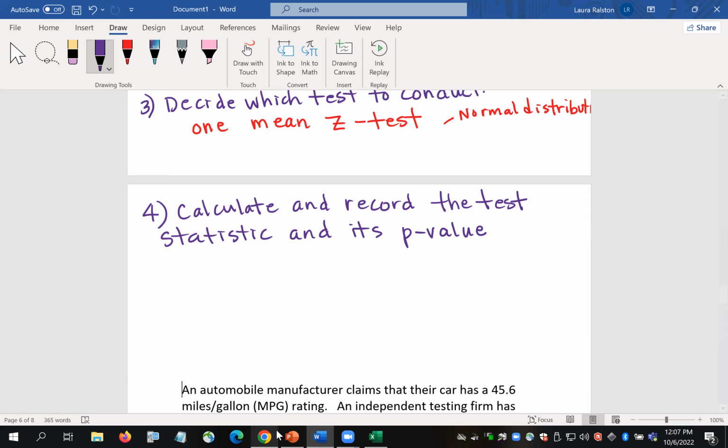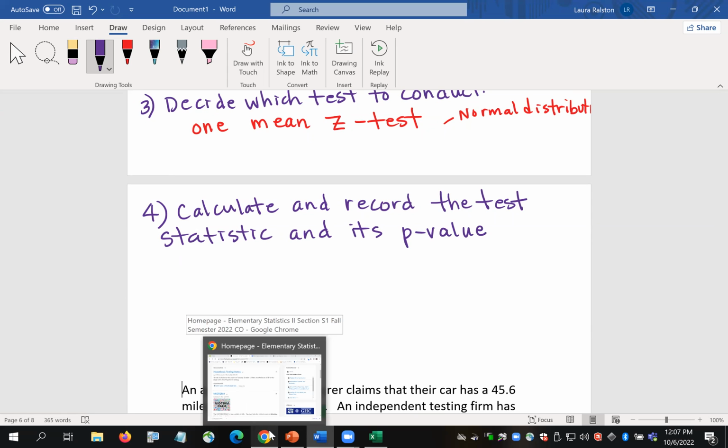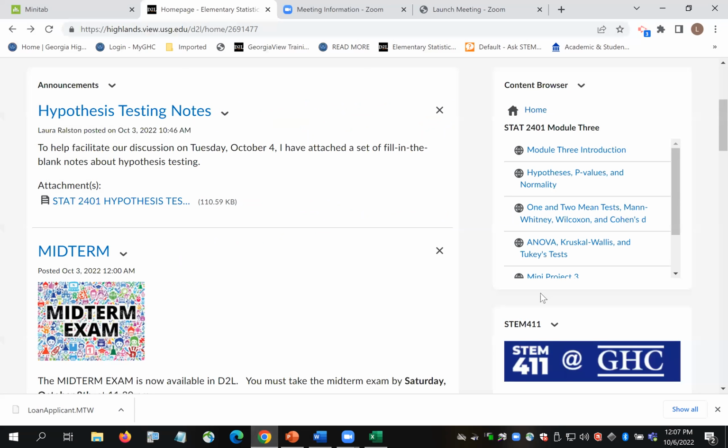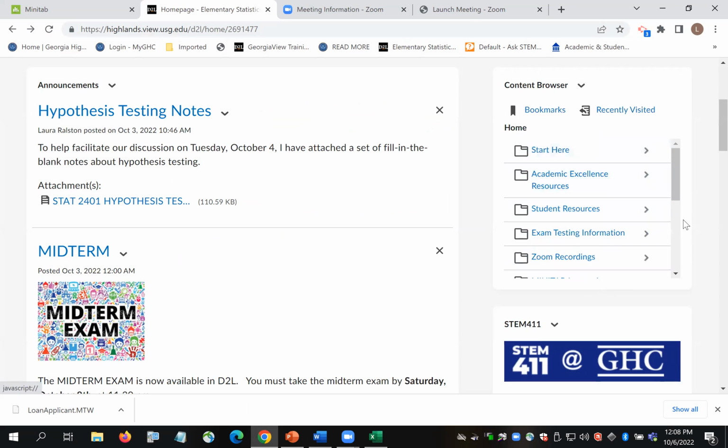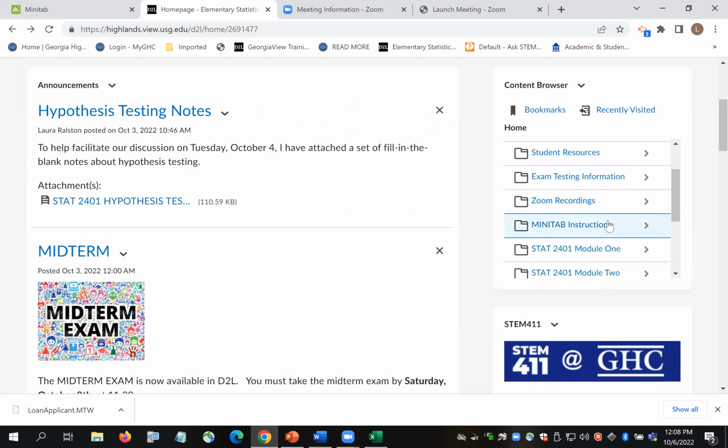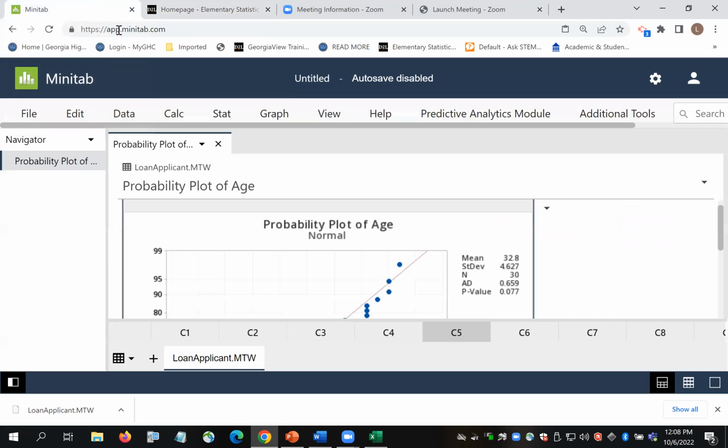Okay. So these are some new steps, but the steps are available in D2L. Remember, I have the steps in the folder Minitab instructions. And we'll be doing some more of these because I'm probably only going to get through this one. We'll look at some more of these next week.